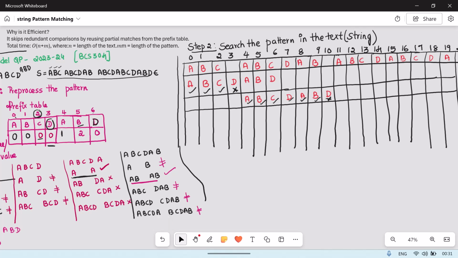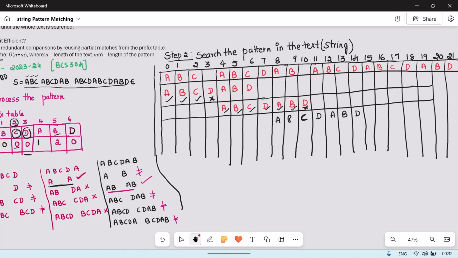Now this character that you get, C, has to be placed in the mismatched position like this. So you will get A, B, C, D, A, B, D like this.